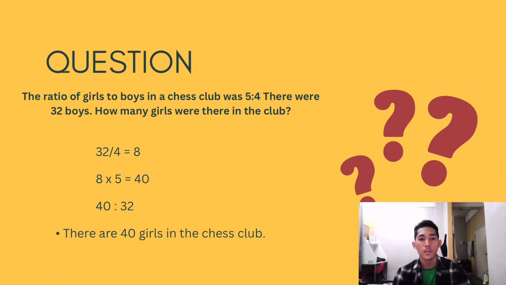Our next step is to take the answer of 8 and multiply it by the ratio of women, which is 5. So this answer will be 40. And the answer 40 is the number of women in the club. And then the final answer is 40 to 32, which is 40 women and 32 men.